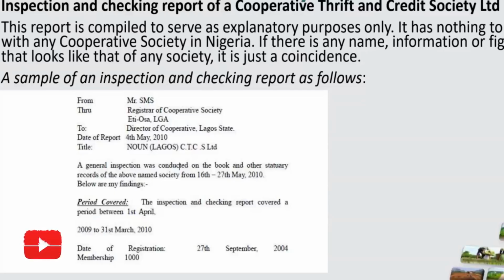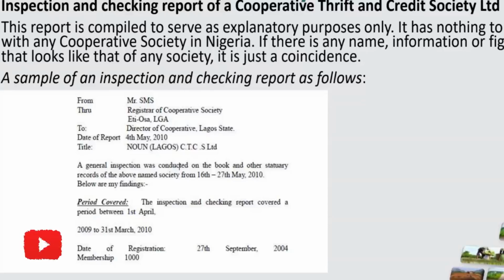What's the title of the report? Lagos CTCS Limited. A general inspection was conducted on the books and other stationery records of the above-named cooperative society from the 16th to the 27th of May 2010. Below are my findings. So you see, this is a report.